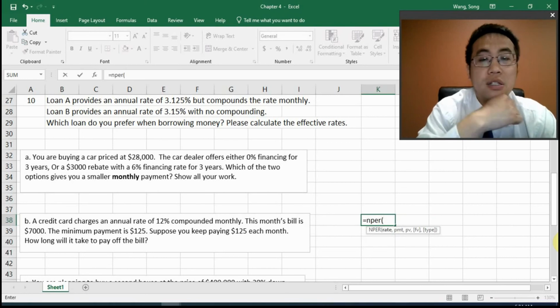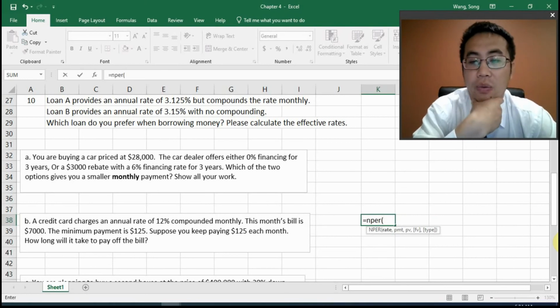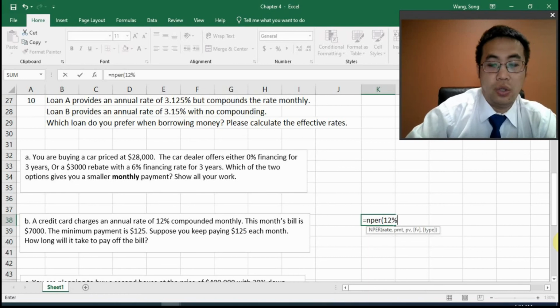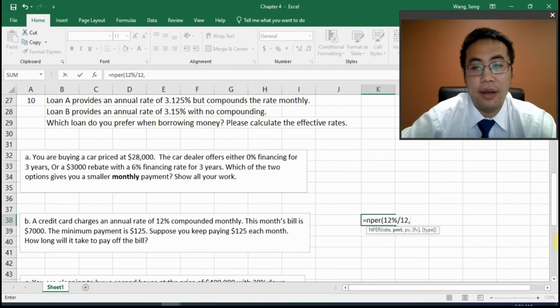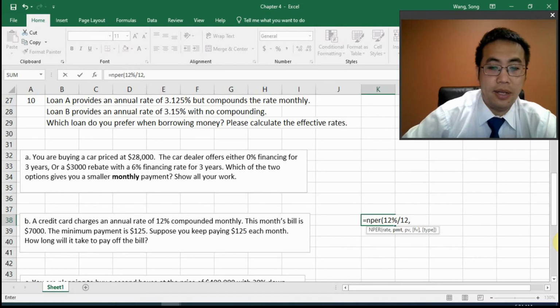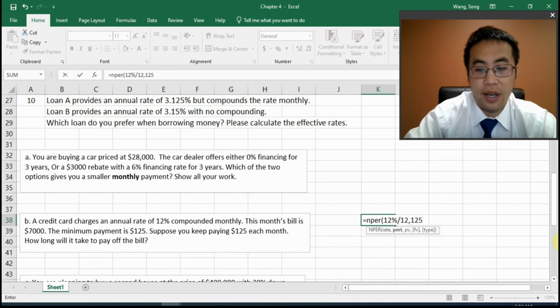So this is a monthly payment, so everything needs to be at monthly level. The NPER generated from this formula will be the number of months, and the rate here should be a monthly rate. And then for the payment, your payment is $125, and this should be negative. You pay that money, and this is a cash outflow.